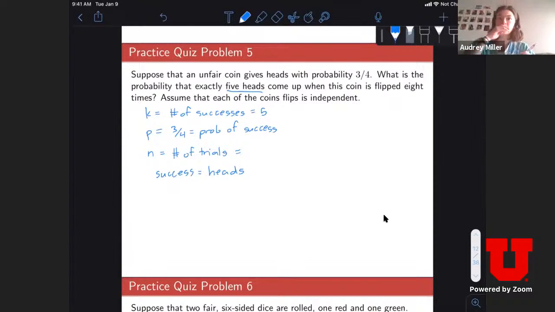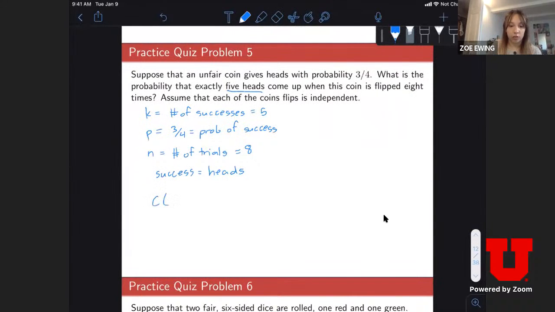Eight. Mm-hmm. Okay, and now it's not too bad because now we basically just fill in our formula. So the Bernoulli trials, let's see. Yeah, so first out of 8 flips, we'll choose 5 that are successes.